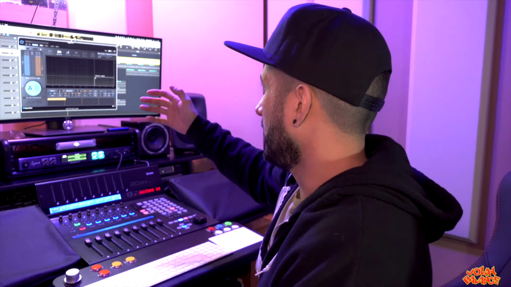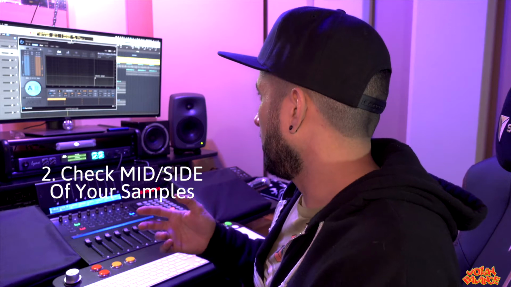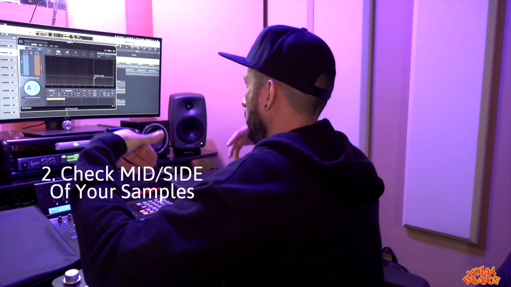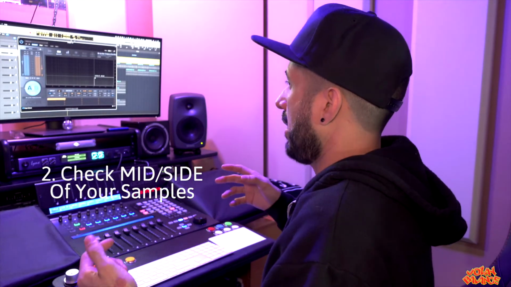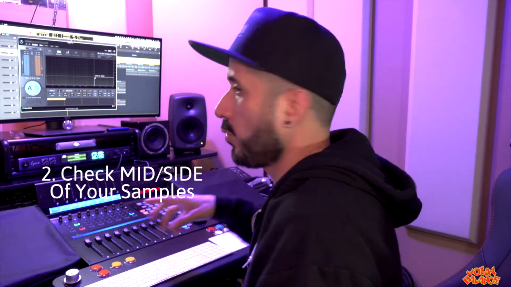And what do I mean really about side information? Okay, so real quick, it's important to check the mid and the side of your samples, because I feel that before, when I didn't really pay attention to this stuff, I would just load a sample and then load another one and load another one, load up a VST, then load up another one, another VST.